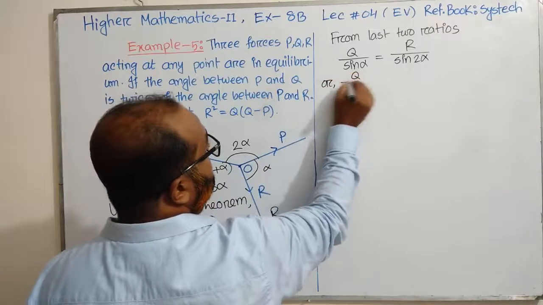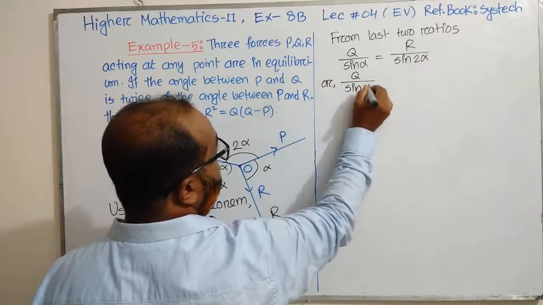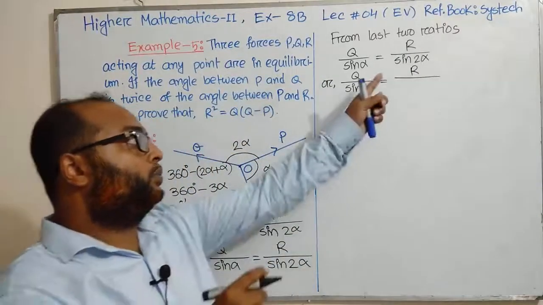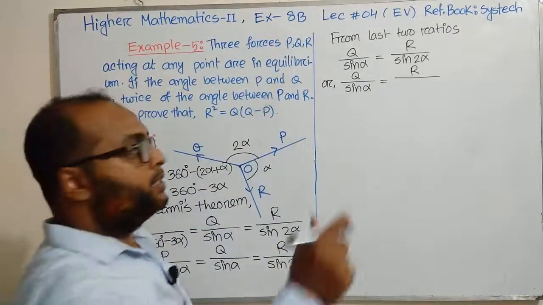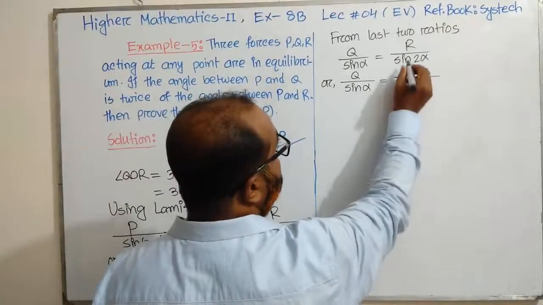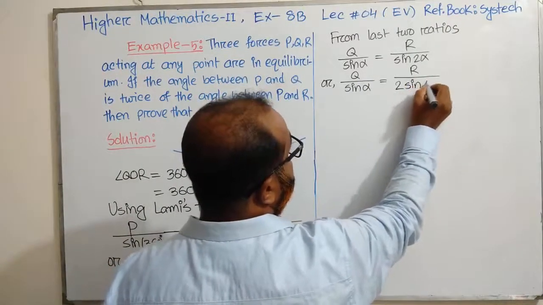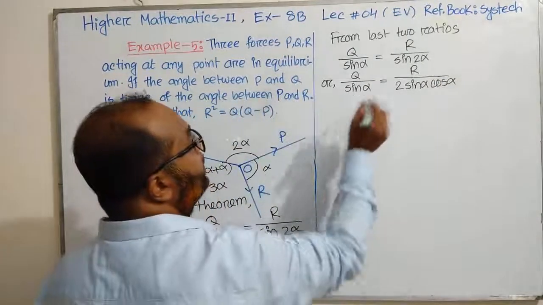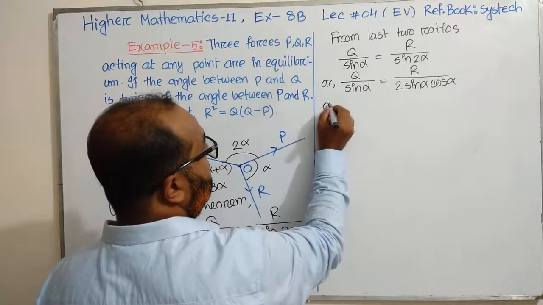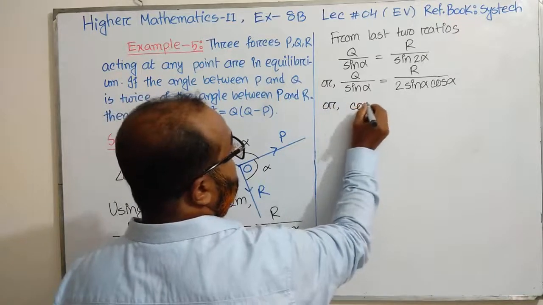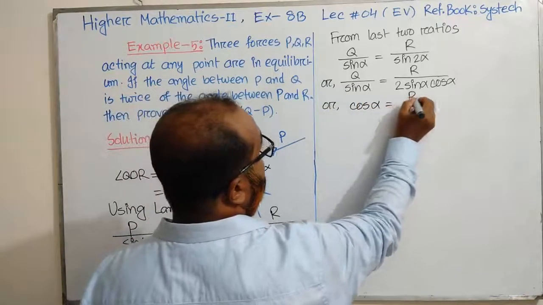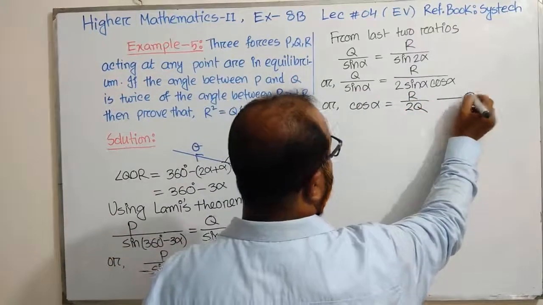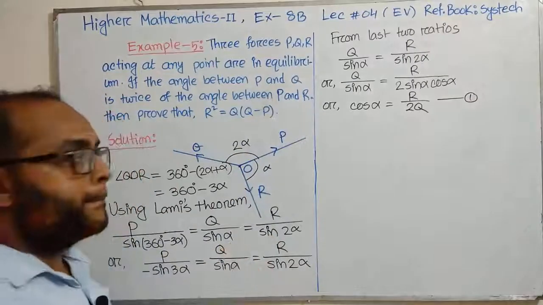Here you know the formula of sine 2A equals 2 sine A cos A, so we can write this equals R divided by 2 sine alpha into cos alpha. From this we get cos alpha equals R by 2Q. This is equation number 1.